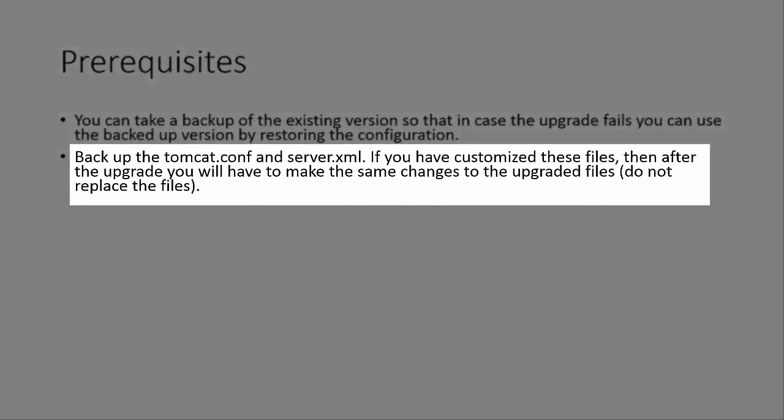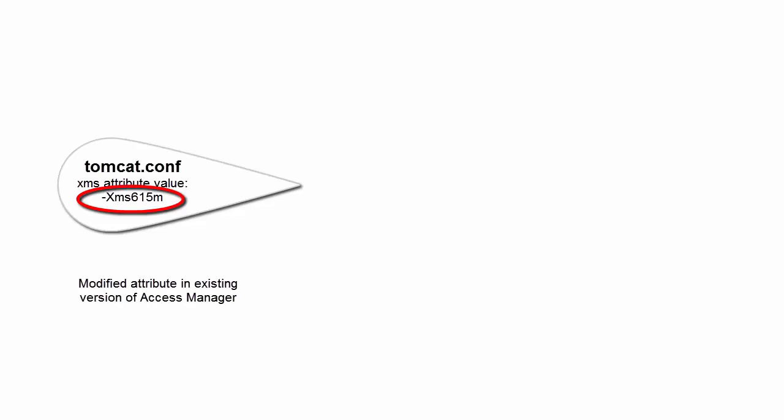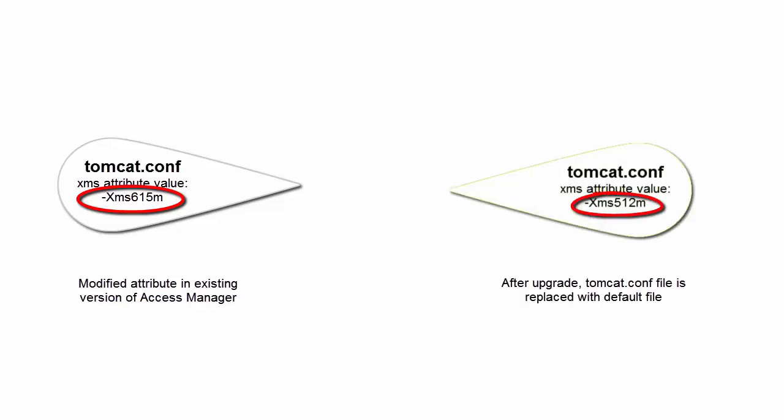Backup the tomcat.conf and server.xml. If you have customized these files, then after the upgrade, you will have to make the same changes to the upgraded files. You do not require to replace the files. For example, if an administrator has modified an attribute value in the tomcat.conf file, then after the upgrade, the value changes as the file is upgraded.